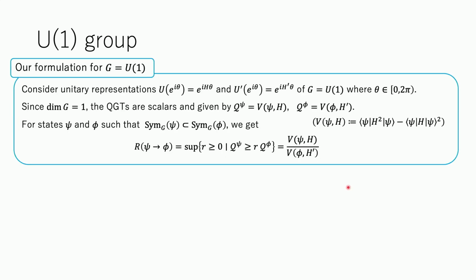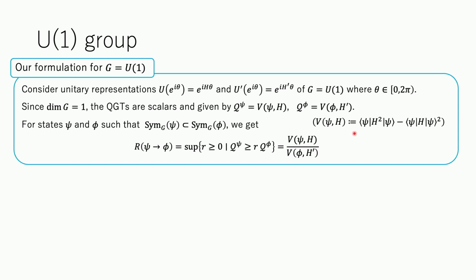Okay, let's start with the example of the U(1) group, which is the simplest Lie group. We consider unitary representations of the U(1) group given by these equations, where H and H' can be interpreted as Hamiltonians. For the U(1) group, since the dimension of the Lie group is 1, the quantum geometric tensors are simply scalars, and are shown to be equal to the variance.